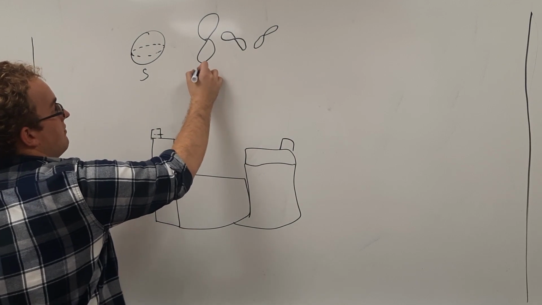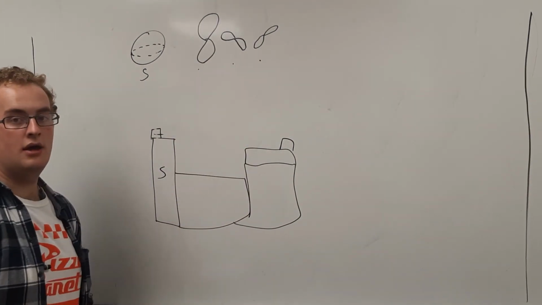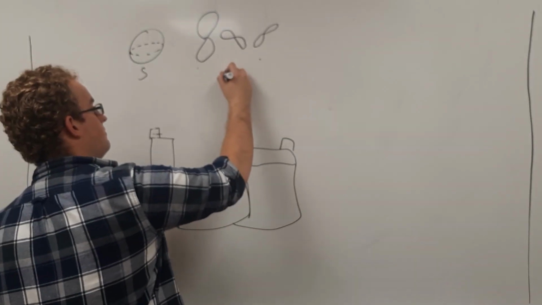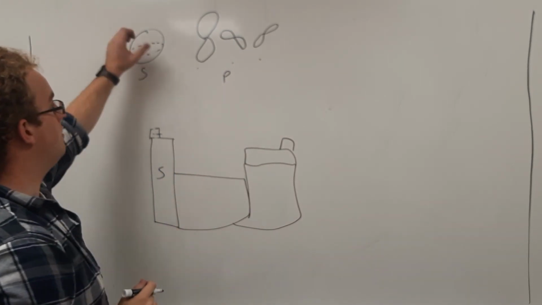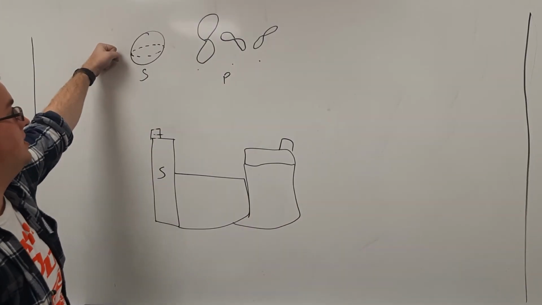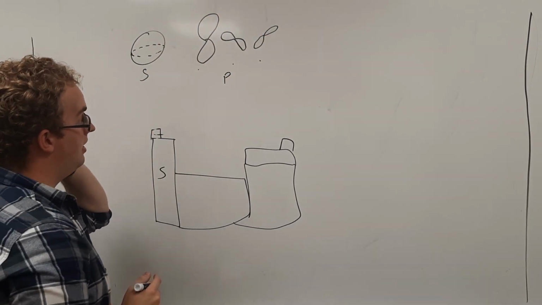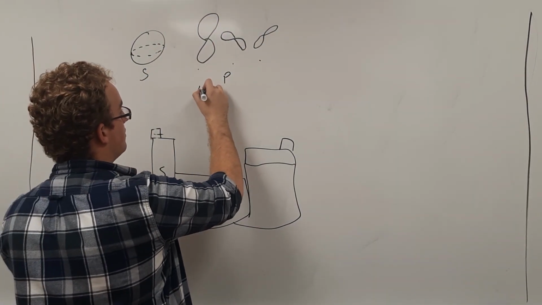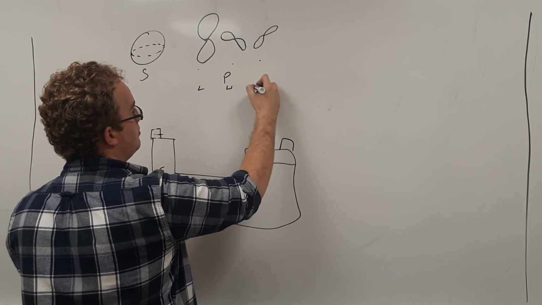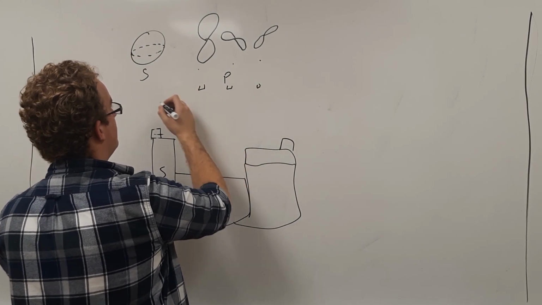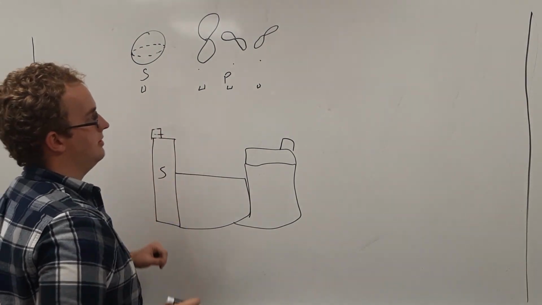So there are three different orientations of the p orbital. In a sense, there's only one kind of s orbital. It's only got one orientation. But with p, you have three different orientations, right? So technically you have three separate p orbitals, and there's only one s orbital.